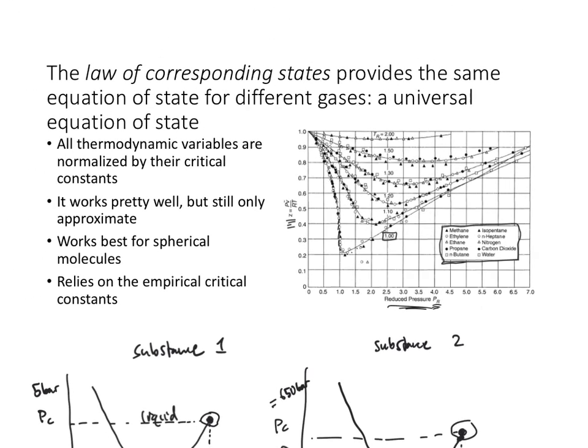Okay, so what's kind of cool about the law of corresponding states is that Dewar, the scientist after whom the Dewar flask is named, used the law of corresponding states to predict the condensation temperature for a number of different gases before attempting to condense them to their liquid or solid states. And this was very helpful to him.